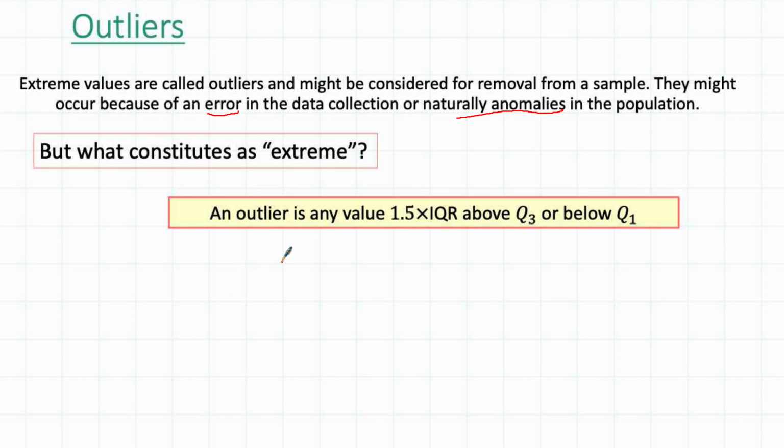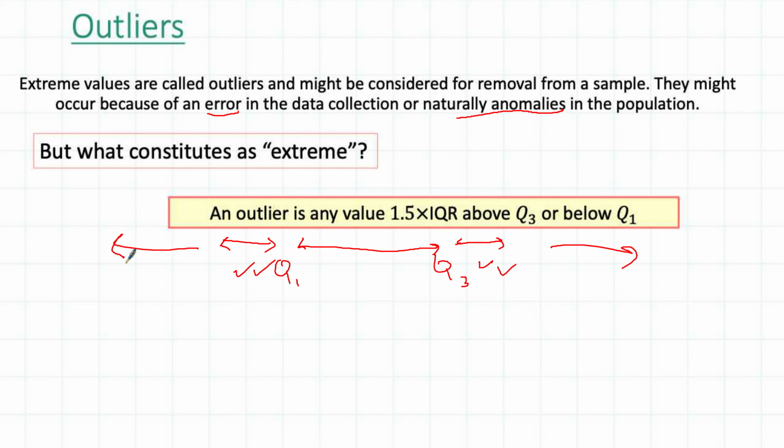So the idea is this is your Q1, Q3, you find the interquartile range, and then you go 1.5 times the IQR, so you go a bit above, and you allow for these values to be okay as part of your data, but anything above this and below this will be considered an outlier.